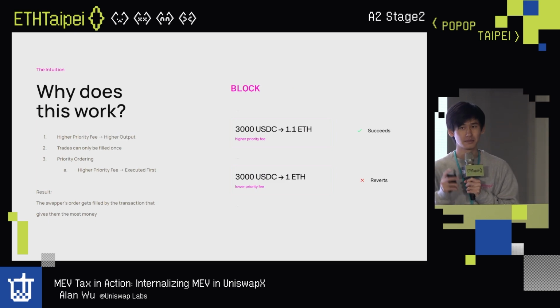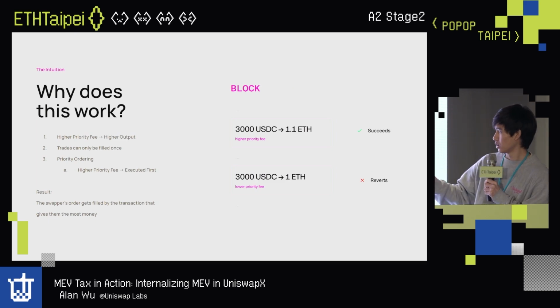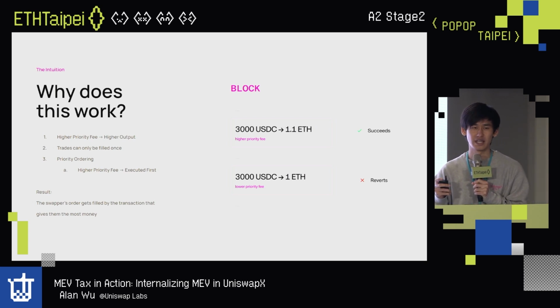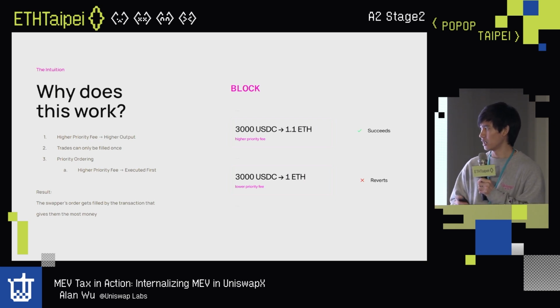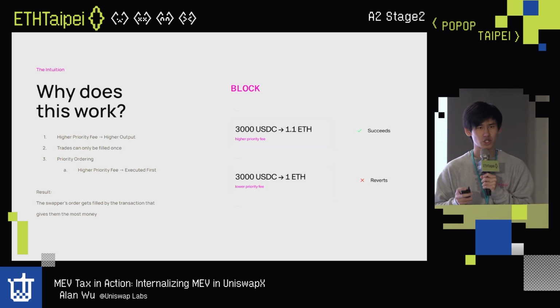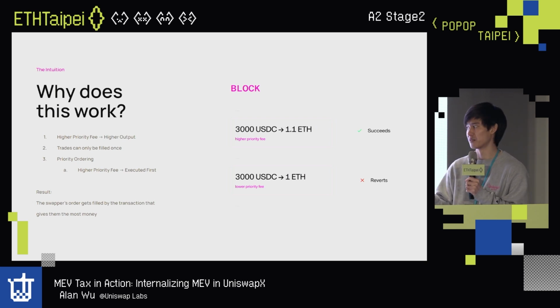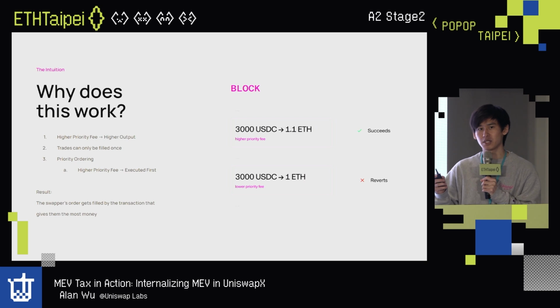Why does this work? Let's get into the intuition of it. We just learned that a higher priority fee on a transaction is going to result in the swapper getting more output. Another observation we can make is that a trade can only be filled once. So once somebody fills your order, further attempts to try to fill it again will just revert. Lastly, we're running under the assumption that the chain follows priority ordering.